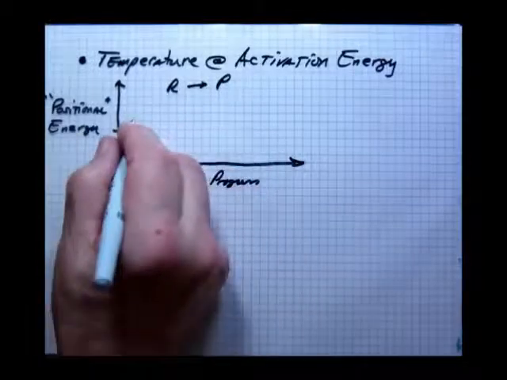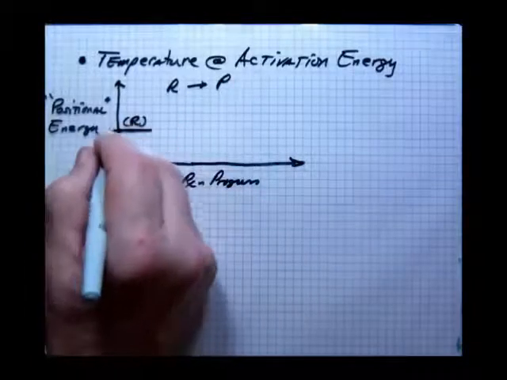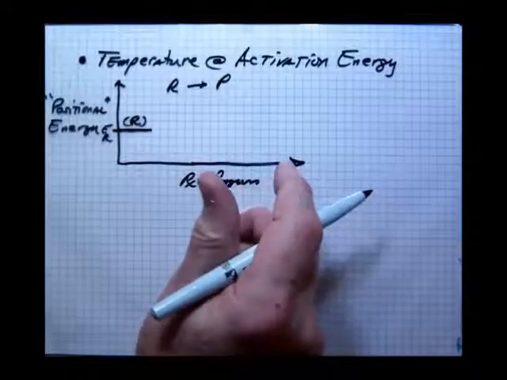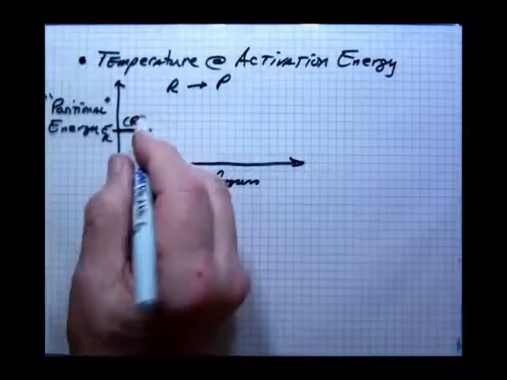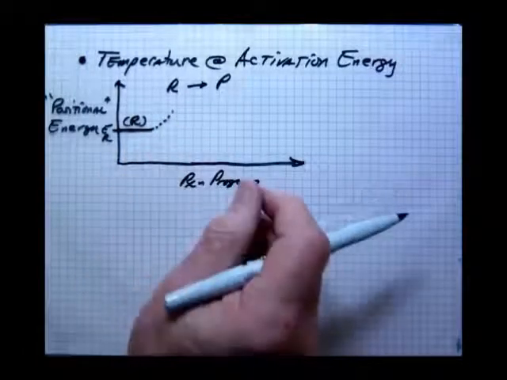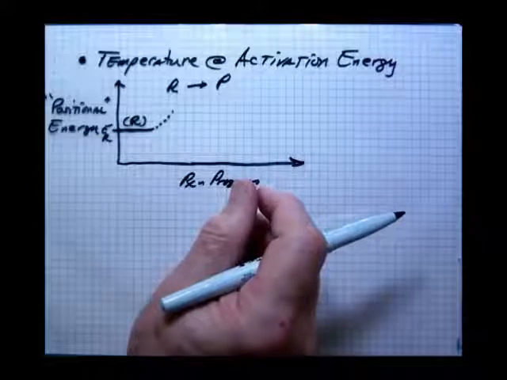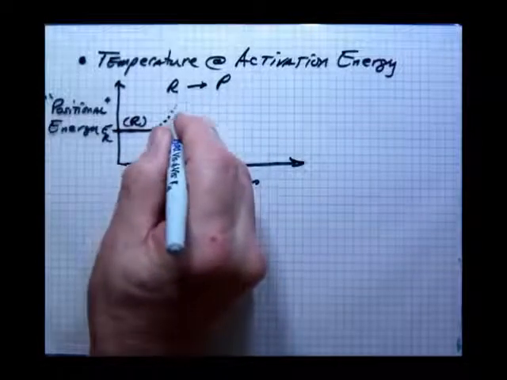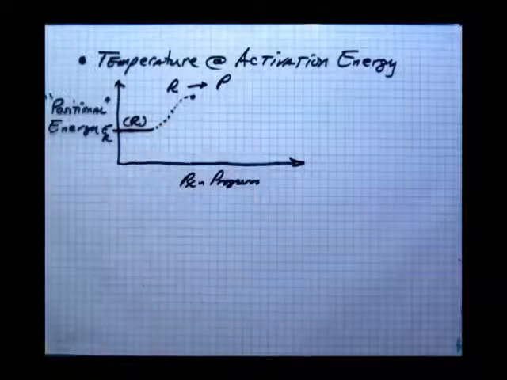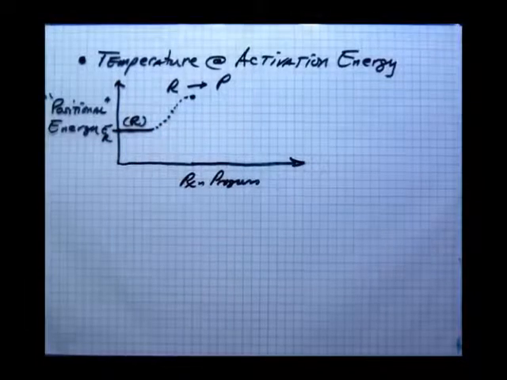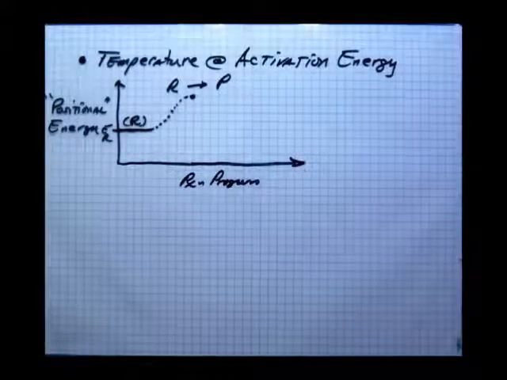So I'm just going to put the reactants are at this energy level, E sub R. If you raise the temperature, you're going to raise the energy content of the particles. And if you continue to increase temperature, it will reach a point at which it will be at or beyond that point called the activation point, or activation energy.